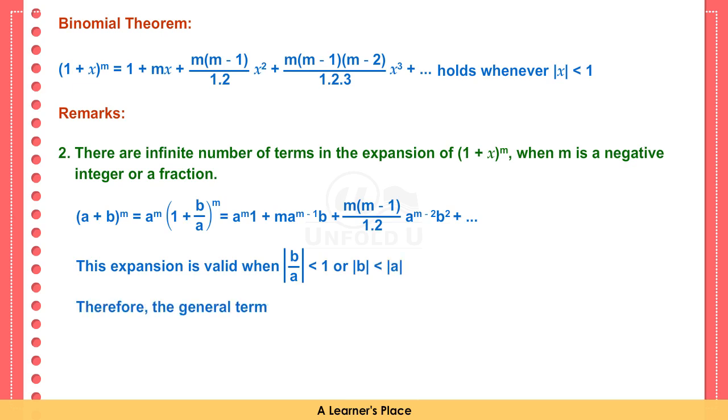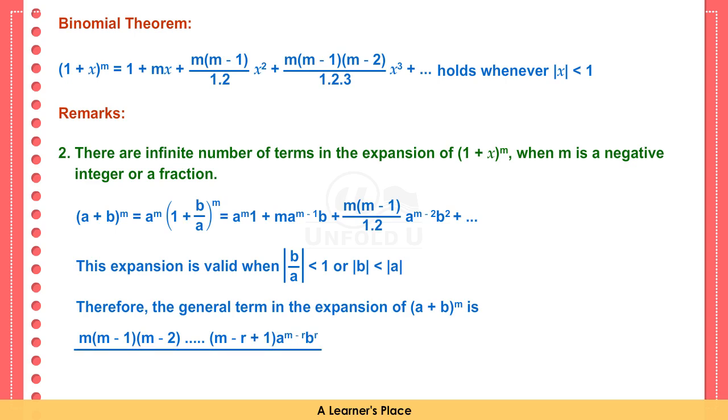Therefore, the general term in the expansion of (a plus b) raised to the power m is m(m minus 1)(m minus 2) and so on up to (m minus r plus 1) into a raised to the power m minus r into b raised to the power r upon 1 into 2 into 3 into so on up to r.